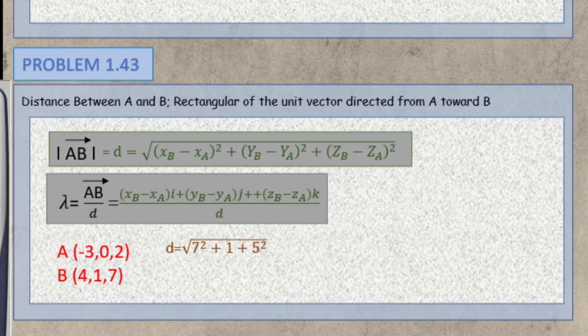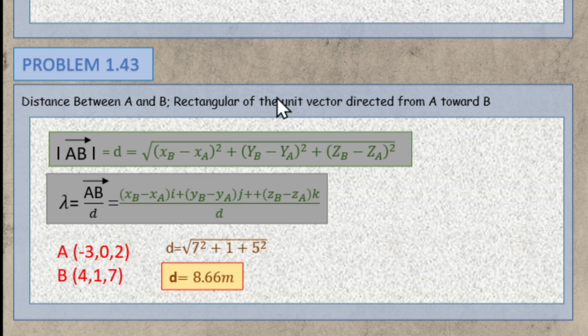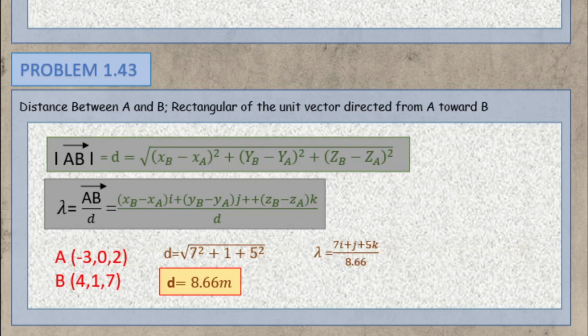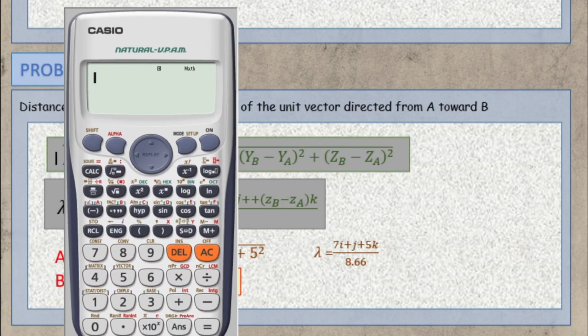There, we already have our answer for the distance between A and B. Now we're not yet done because we are still looking for the unit vector from A toward B. So B minus A is 7i plus j, since it's 1, plus 5k, over this distance D.